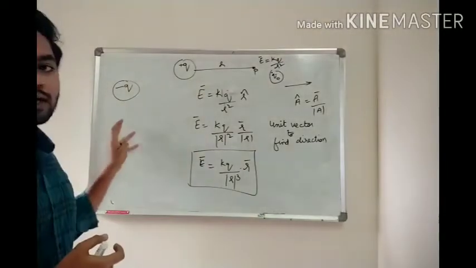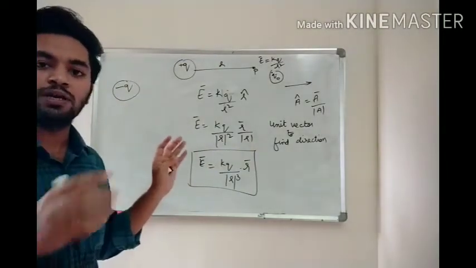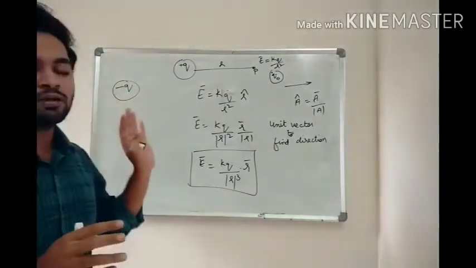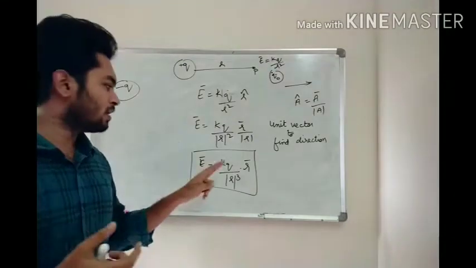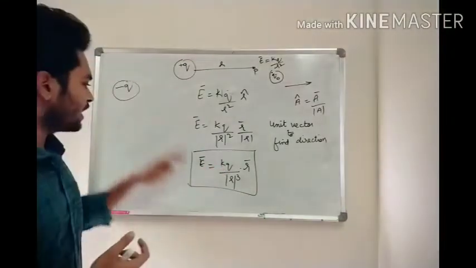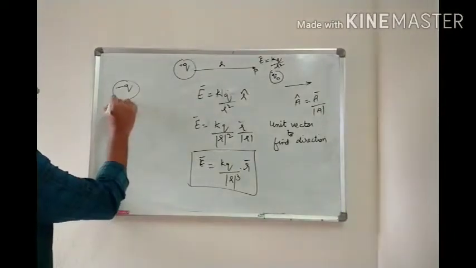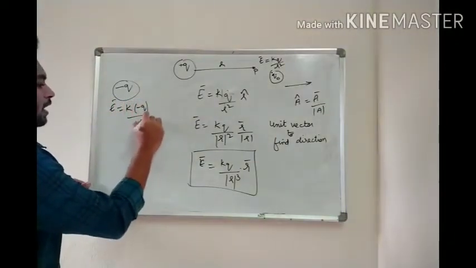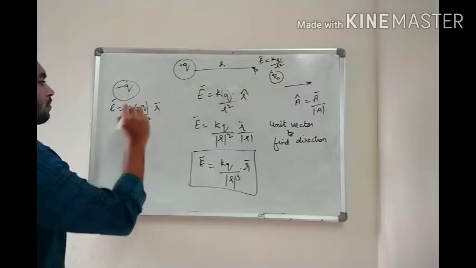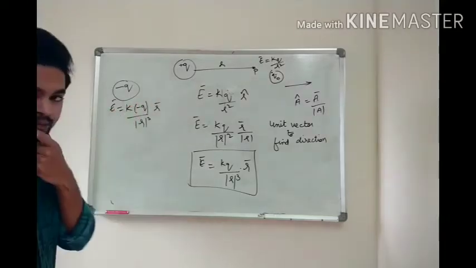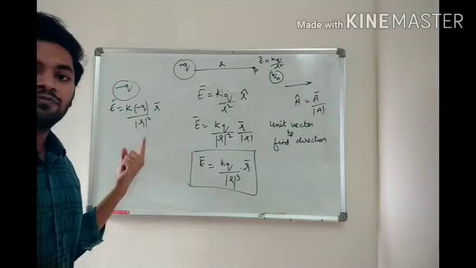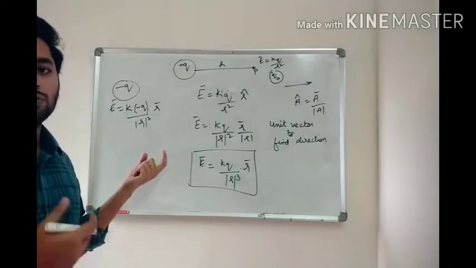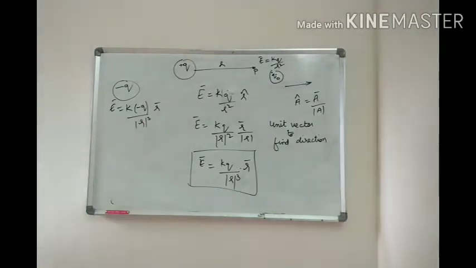In general format, you need not consider the positive or negative charge symbol. So here, if you take a negative charge, you are going to write E bar is equal to k into minus q by mod r cube into r bar. Here you write minus because you are writing it in vector form, or else no need. Clear? Note it down.